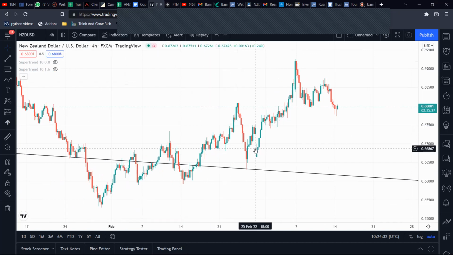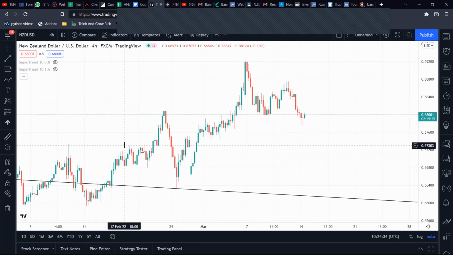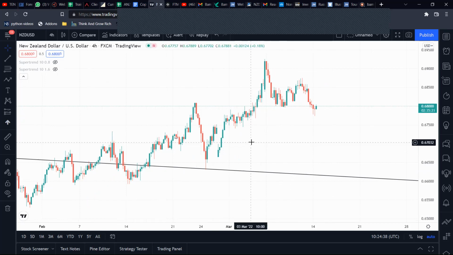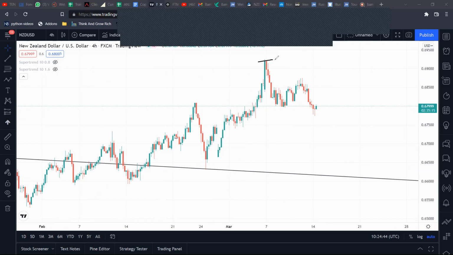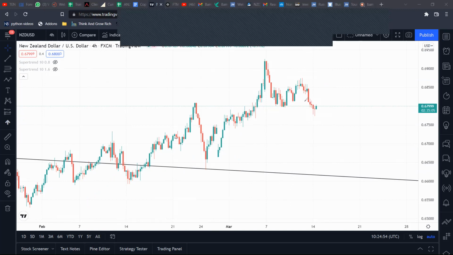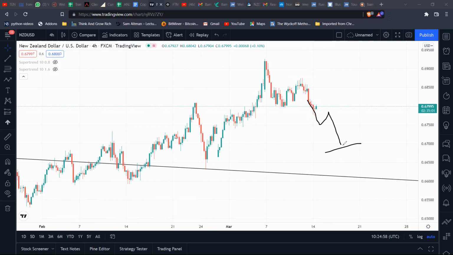But from what I can see, the structure is not as defined as I would have loved it to be, in the sense that you can see how we made a high and then we made a low, and then we seem to make a lower high and also a lower low. So this could mean that we could see some further downside before we eventually find support to then start making new highs, right?